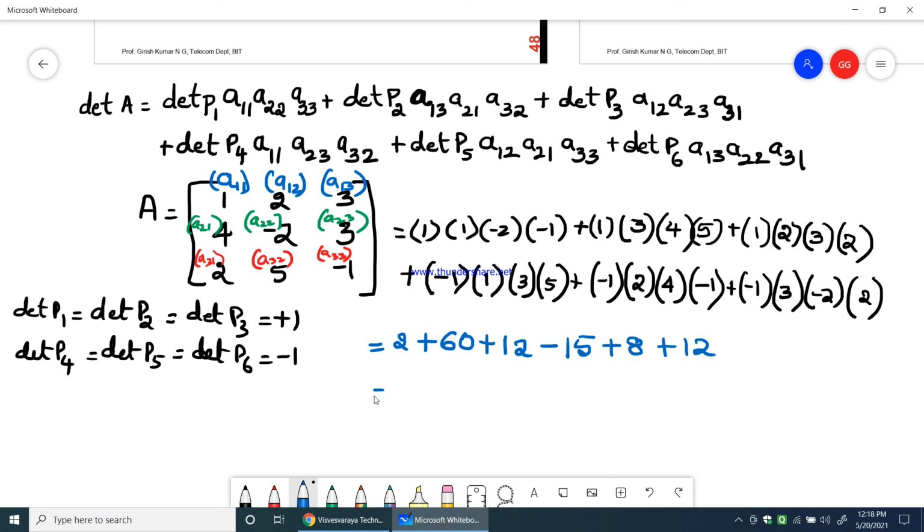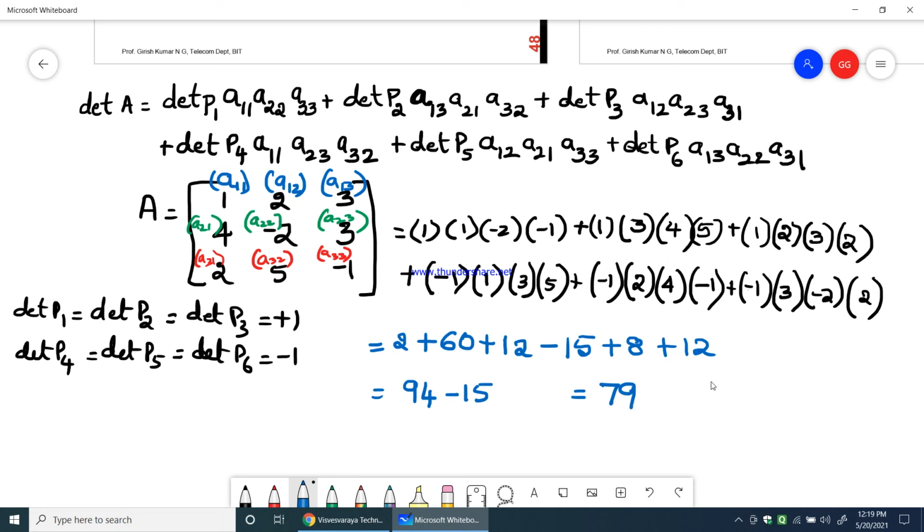Now which is equal to 60, 72, 74, 82, 84, 94, sorry, it is 94, so it is 94 minus 15, which is equal to 79.